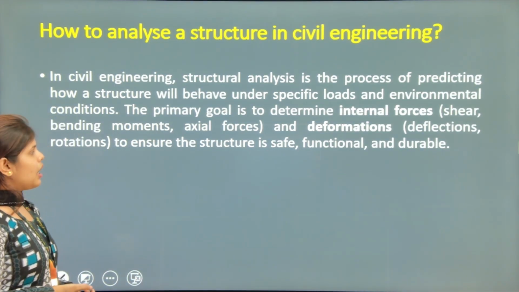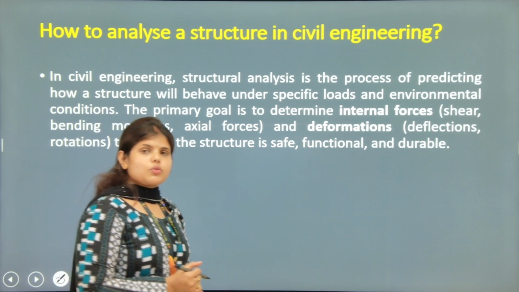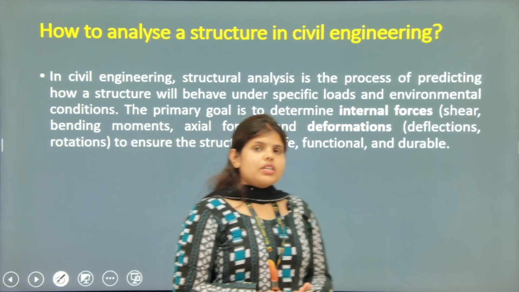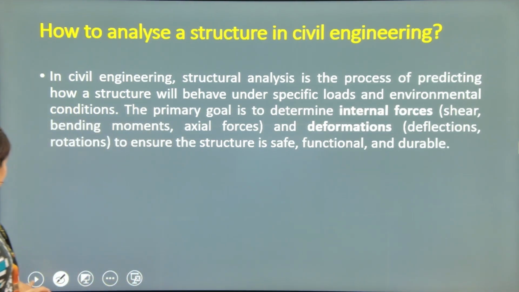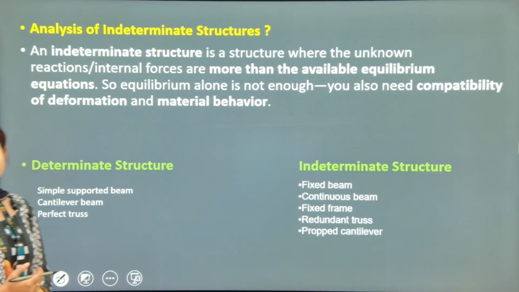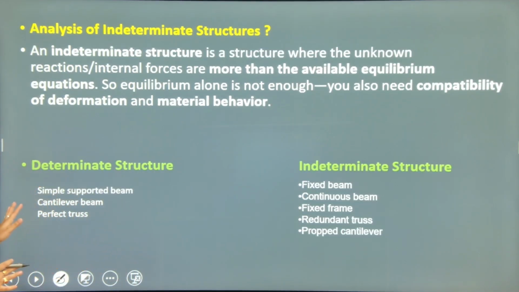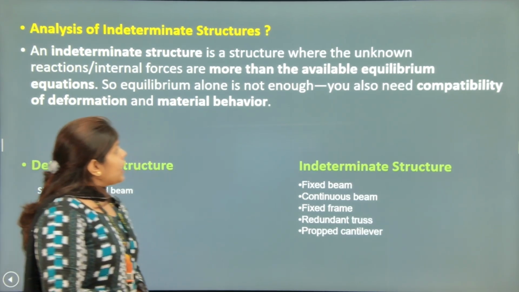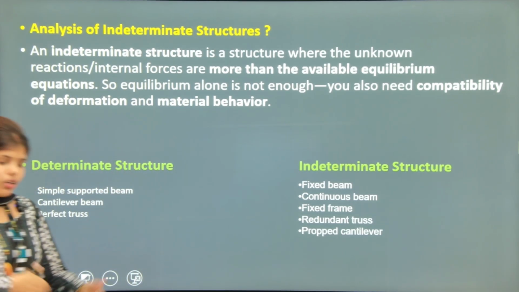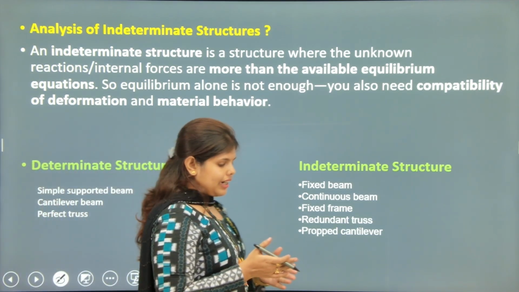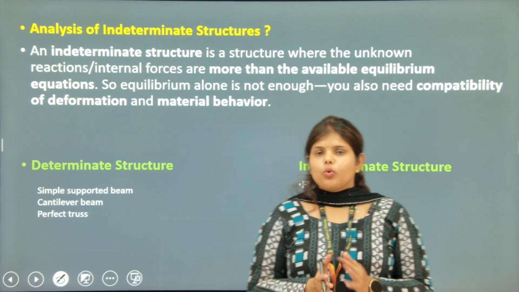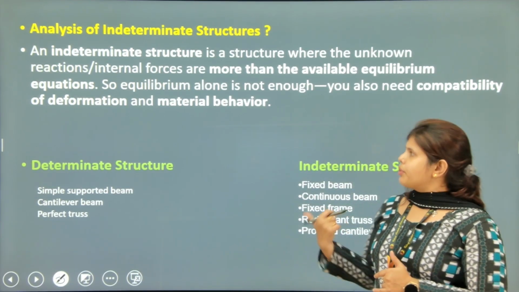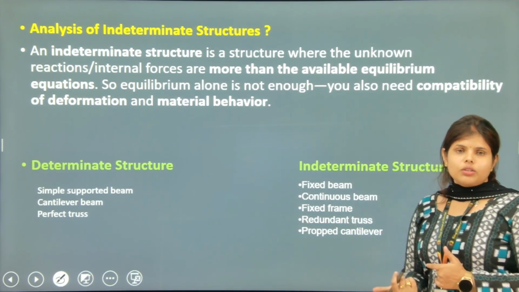In our previous class we discussed whether a structure is determinate or indeterminate. Now, there are some examples of determinate and indeterminate structures. Before analyzing, we can analyze a determinate structure from the equations of equilibrium. We know the equations of equilibrium and from that we can analyze the structure.